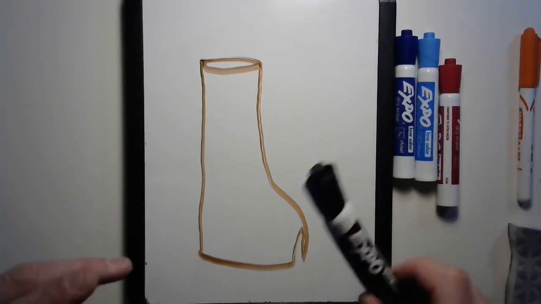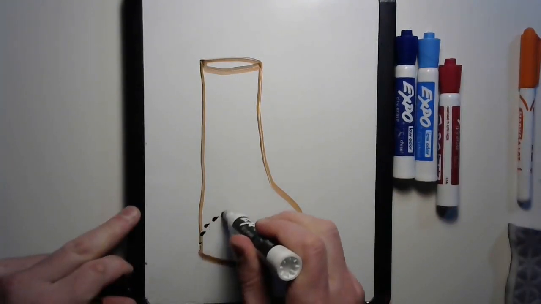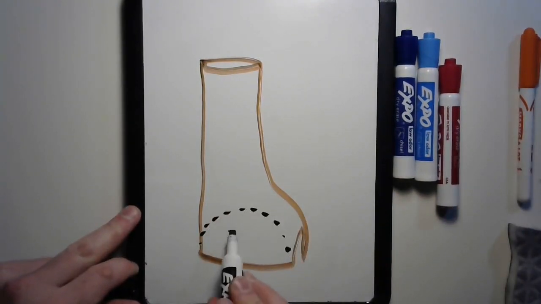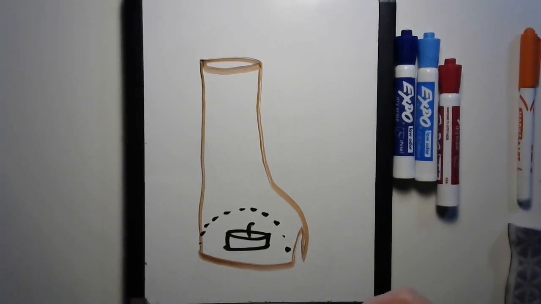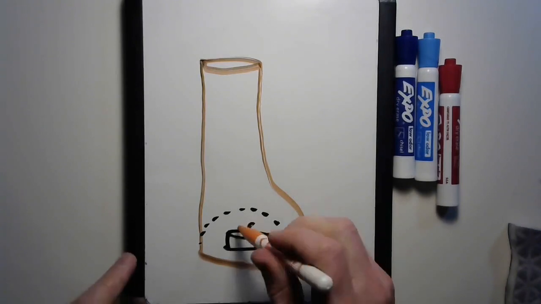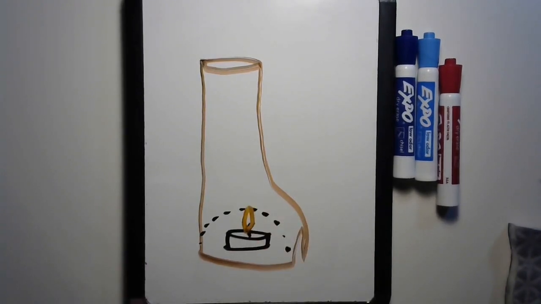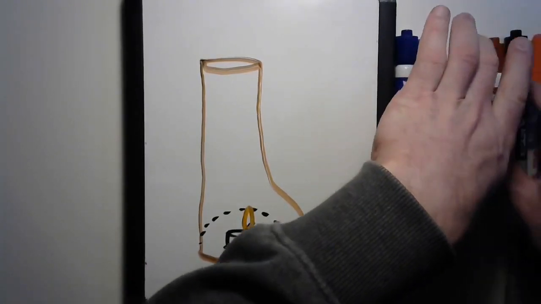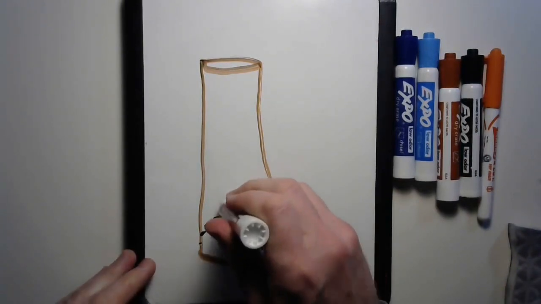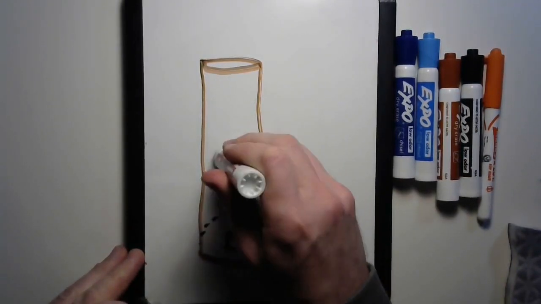Inside again, there was a candle, so you're going to have to imagine that we can see inside there and see that candle. When we lit that candle, just like with our other experiment, the heated air started to move upward.